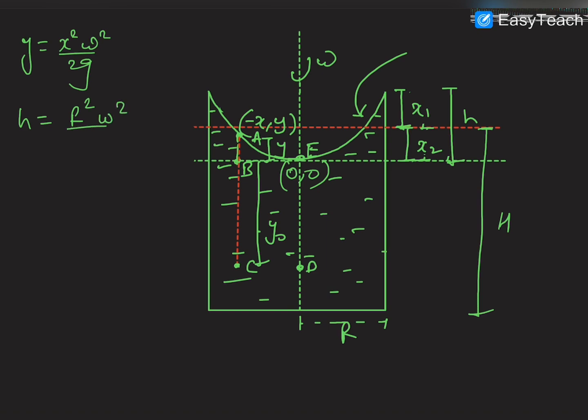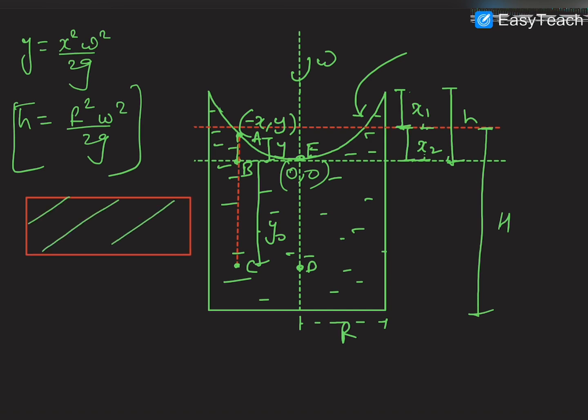So this is h. Now I'm telling you that if this is a cylinder, then we know that the volume of the cylinder, V cylinder, is equal to pi r square h, where this is h.